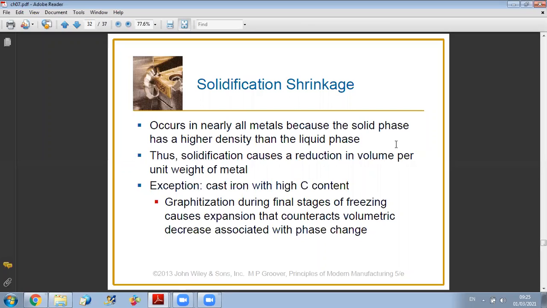This will reduce the shrinkage effect. By adding carbon to cast iron during the final stages of freezing, this will cause expansion that counteracts the volumetric decrease associated with the phase change. So sometimes, to reduce solidification shrinkage, we can add C content to cast iron.